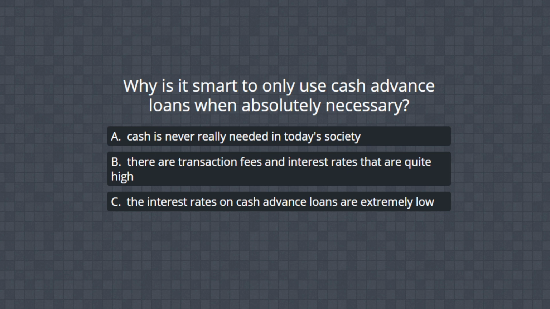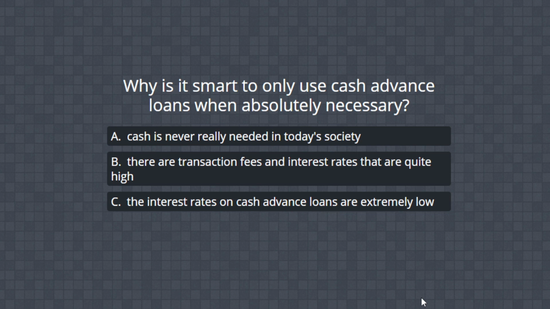So we should use it only when necessary, not because cash isn't needed in today's society, because we do still use cash a lot today. But we shouldn't use it very much. We should only use it when absolutely necessary, because the transaction fees and interest rates are quite high.